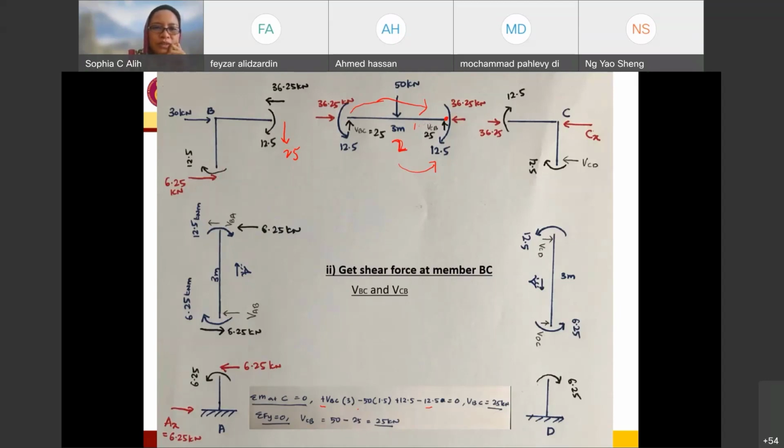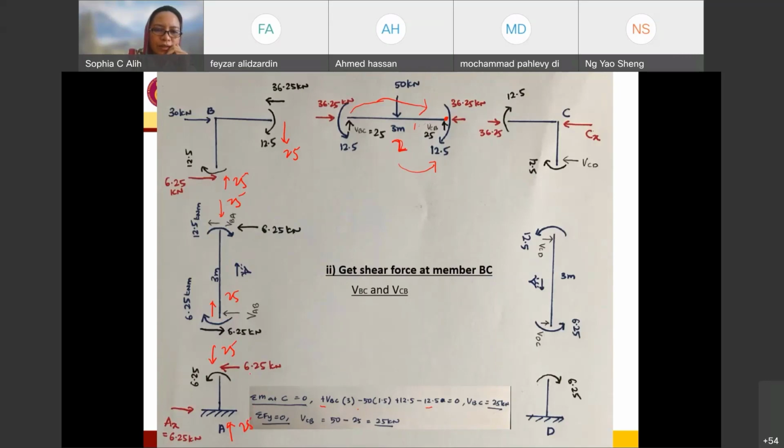So I balance 25 here, and since this one is balanced with the upward, I balance it with downward 25. To balance this one, I have another force over here, 25, pointing the other side, and to balance this one, another pointing downward 25, and then something over here, 25.